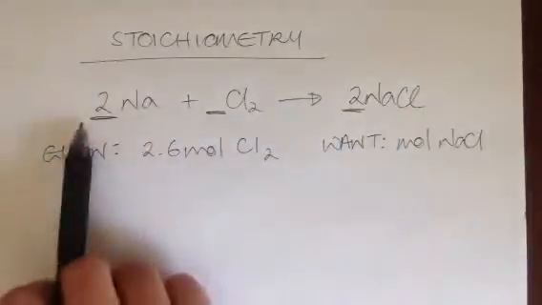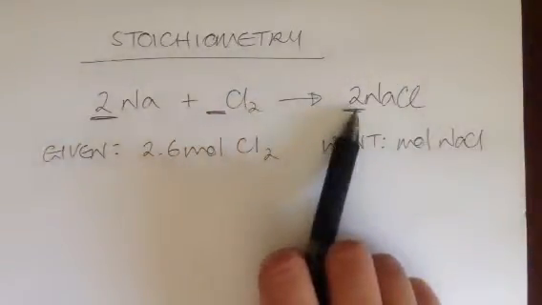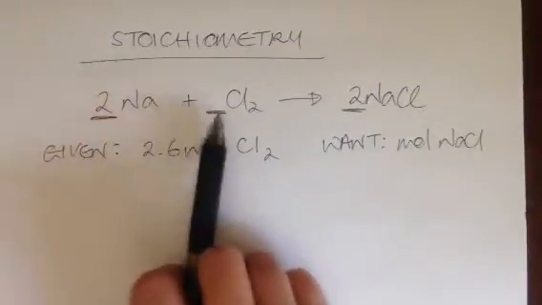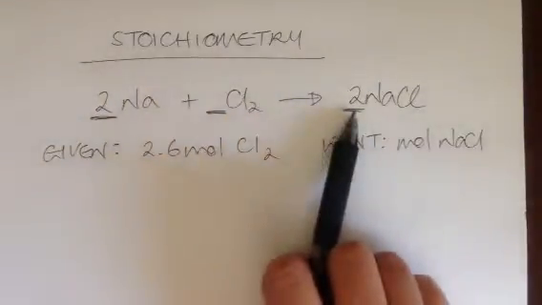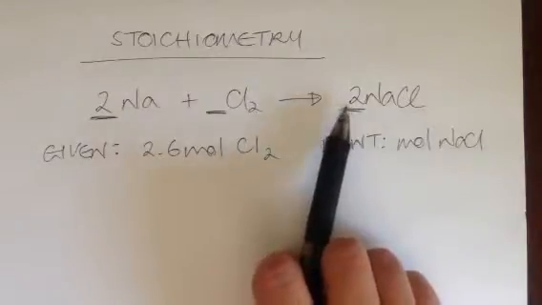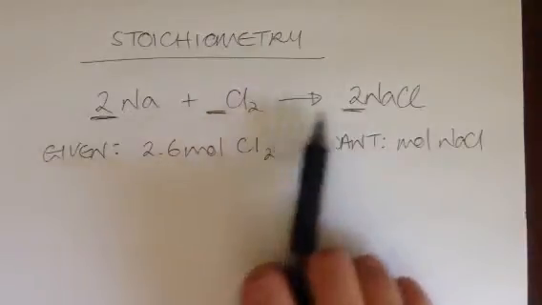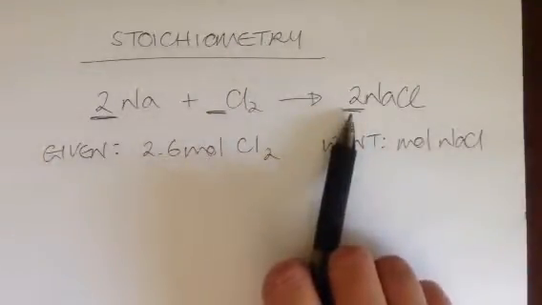Okay, so 2 plus 1 makes 2. We can extrapolate that and we could say 2 dozen sodiums and 1 dozen chlorines makes 2 dozen sodium chlorides. Or 200 sodiums and 100 chlorines makes 200 sodium chlorides, right? All of those things would work.